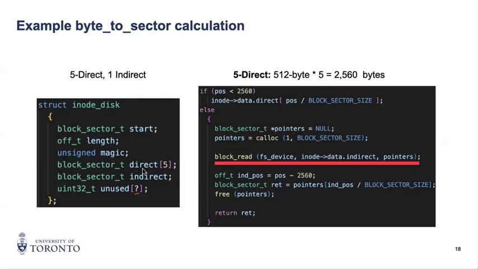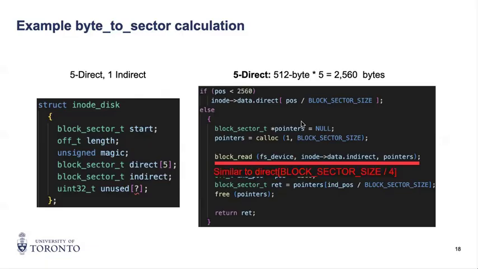The easy way to think about what pointers are is to think of it like a direct array, but now with 128 entries instead. Given that knowledge, we can now calculate which sector in this pointers array we want.